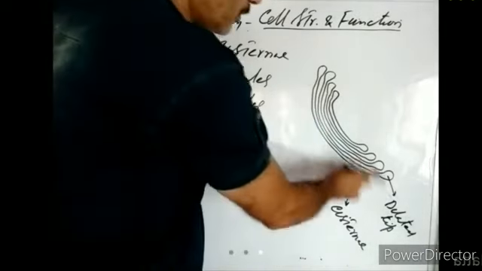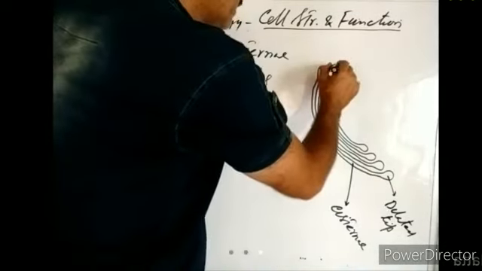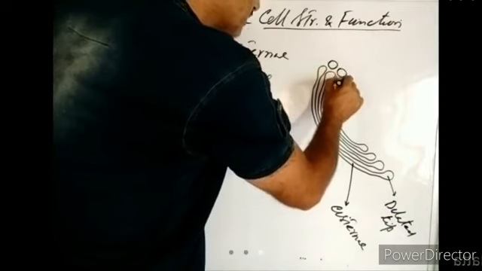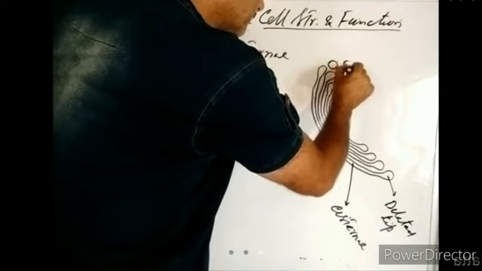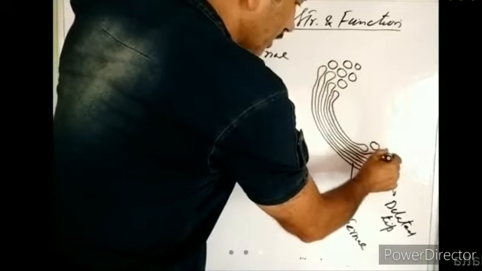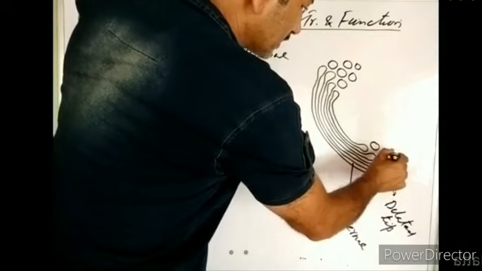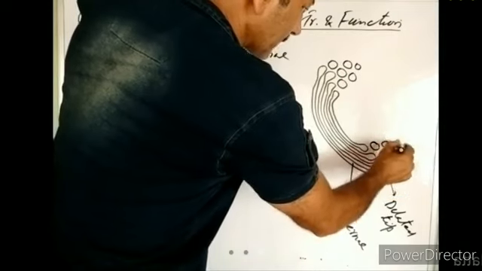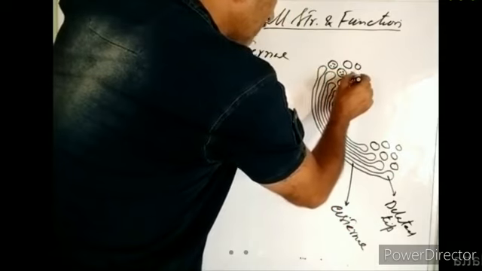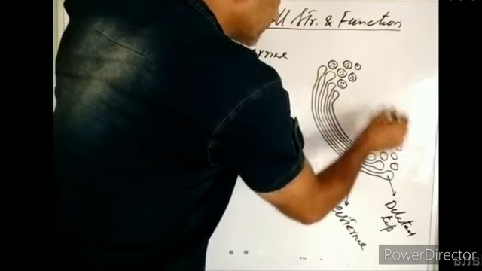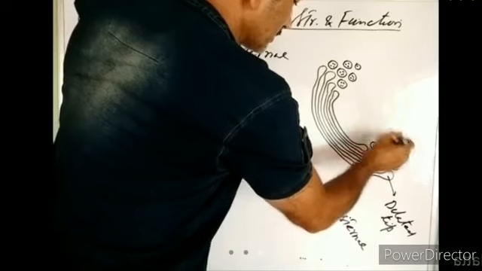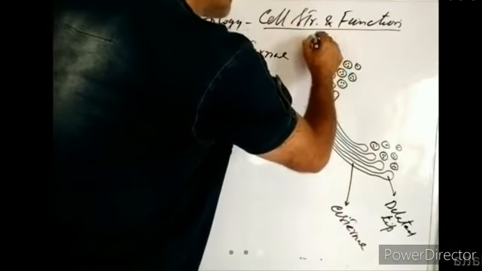From their dilated tips, these cisternae pinch off fluid-filled spherical structures. These fluid-filled spherical structures are known as the Golgi vesicles.